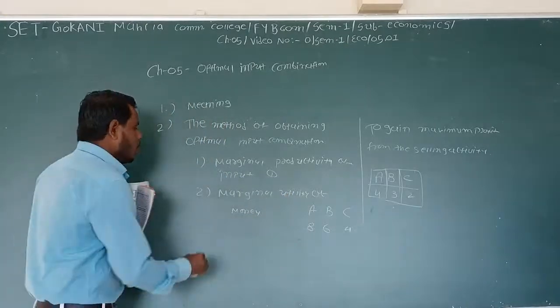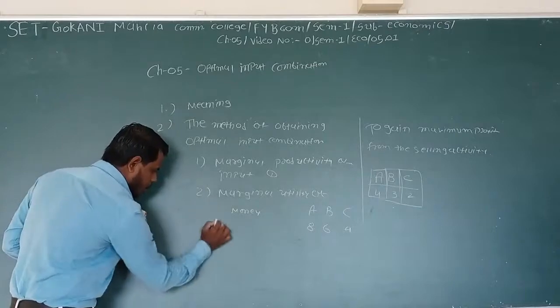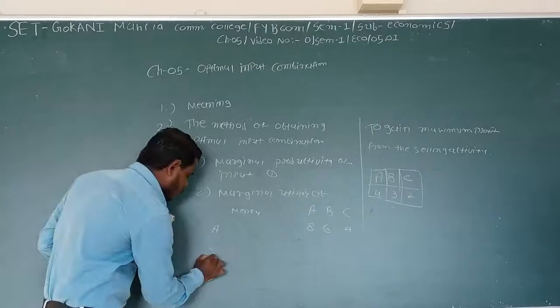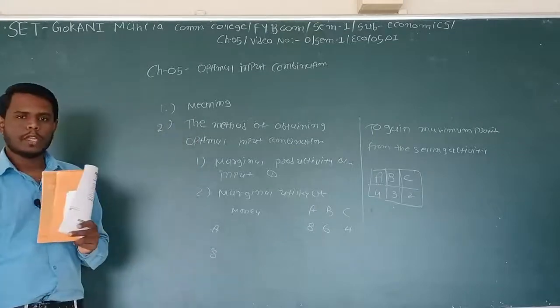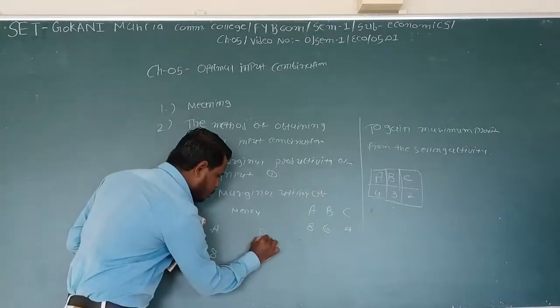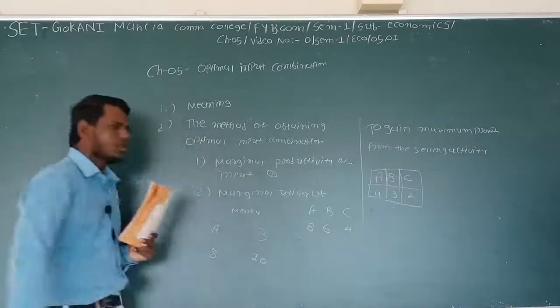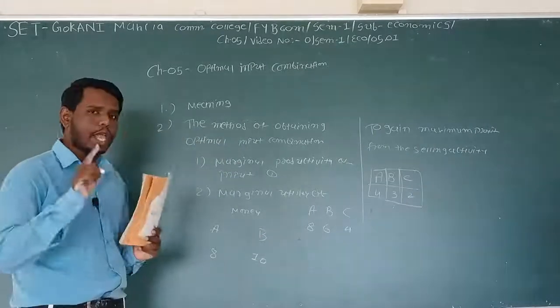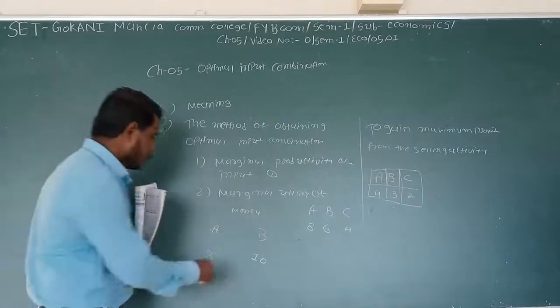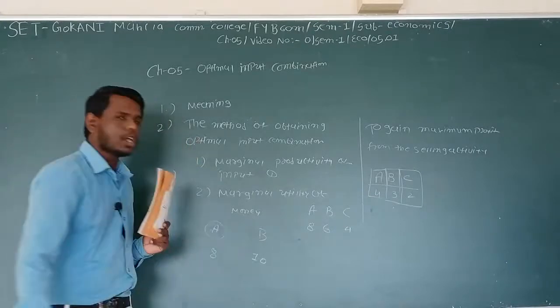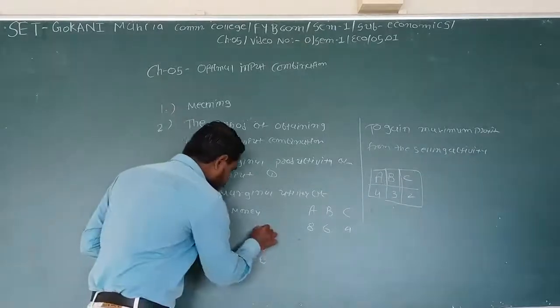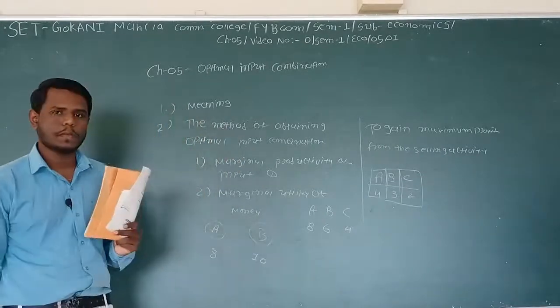Say for example, the cost of input A is 8 and the cost of input B is 10. So in this case, you have to make an effort to increase input A and decrease input B.